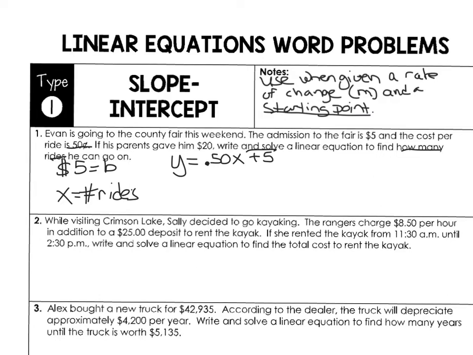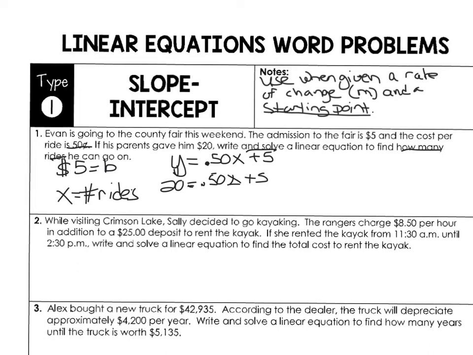Okay? So this is my equation, but I already know that y, which is my total cost I'm having to pay, the parents are going to give you $50. I mean $20. All right, so I know that y is 20, and it's 50 cents per ride.